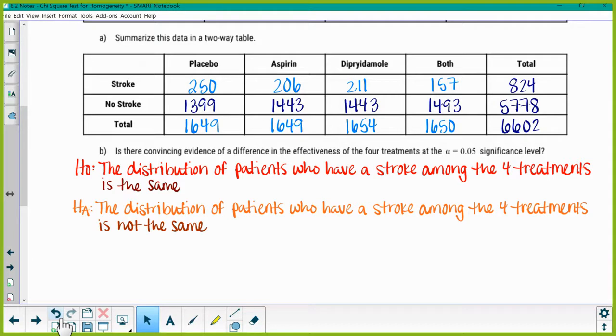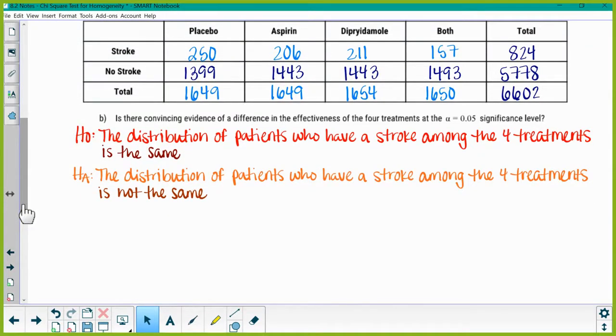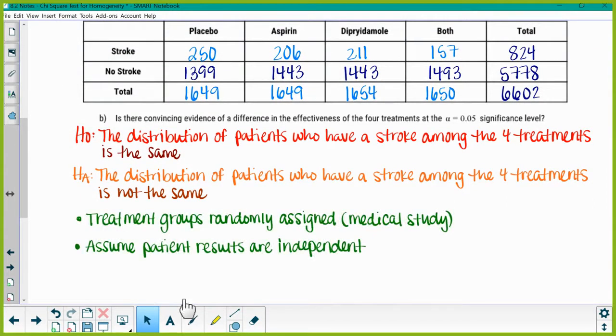And because we're going to assume that this is a well-designed experiment because it is a medical study, I'm going to say that the treatment groups were randomly assigned. And I put a little note next to it that said medical study, not that that would be something you would have to do on the AP exam. They can infer from the question that that's what we're going to assume based on the information given.